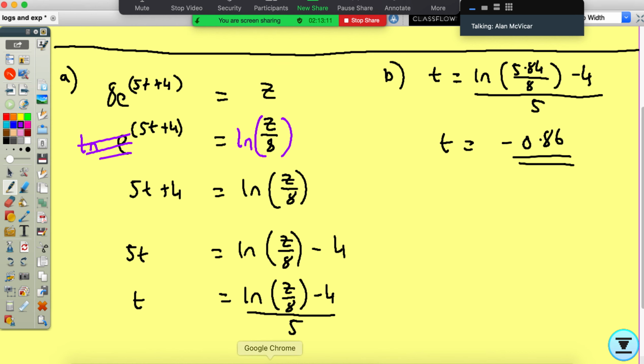And I was left with that as my new formula with t as the subject. And then I got t to be negative 0.86. And I substituted it in.